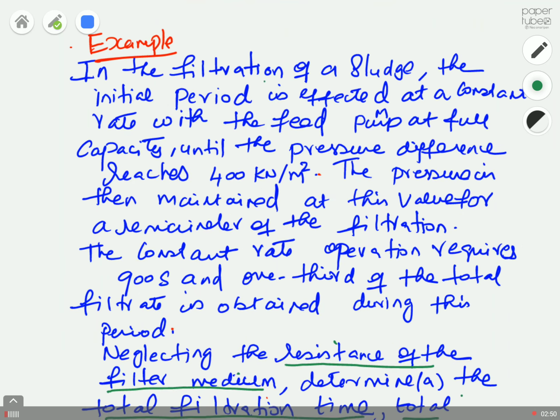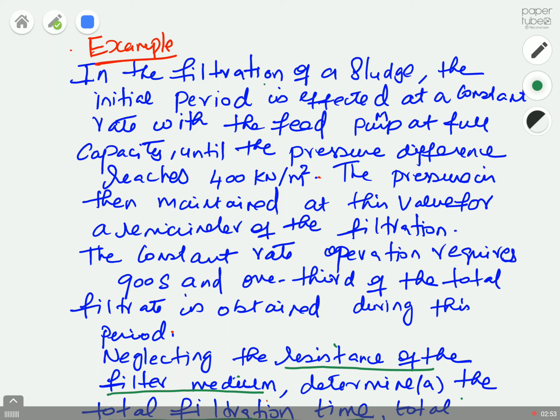If we go back to the problem, we are doing a filtration process, and during the initial stage when the pump is operating at full capacity, we are collecting the filtrate at a constant rate. At that time the pressure difference can change, but the filtration rate is constant, because the pump is operating at its maximum capacity.